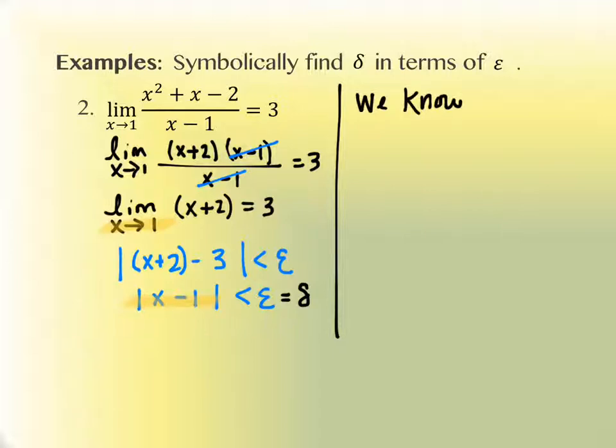We know that the limit as x approaches 1 of my original function, which was x squared plus x minus 2 over x minus 1, equals 3. We know that. And then we have to say why.